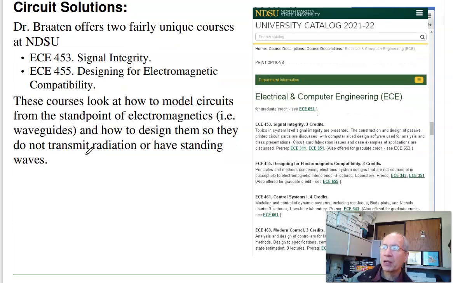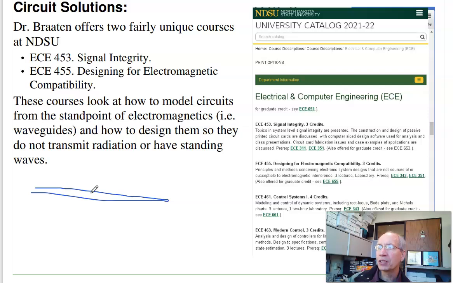Two courses that I highly recommend are Ben Broughton's Signal Integrity and Design for Electromagnetic Compatibility. The circuit board traces is actually an important problem that you face in industry. In industry, we have a lot of circuit board traces, a lot of circuit boards, and the clock frequency gets higher and higher. As the clock gets higher and higher, the circuit board trace starts to look more like a transmission line.